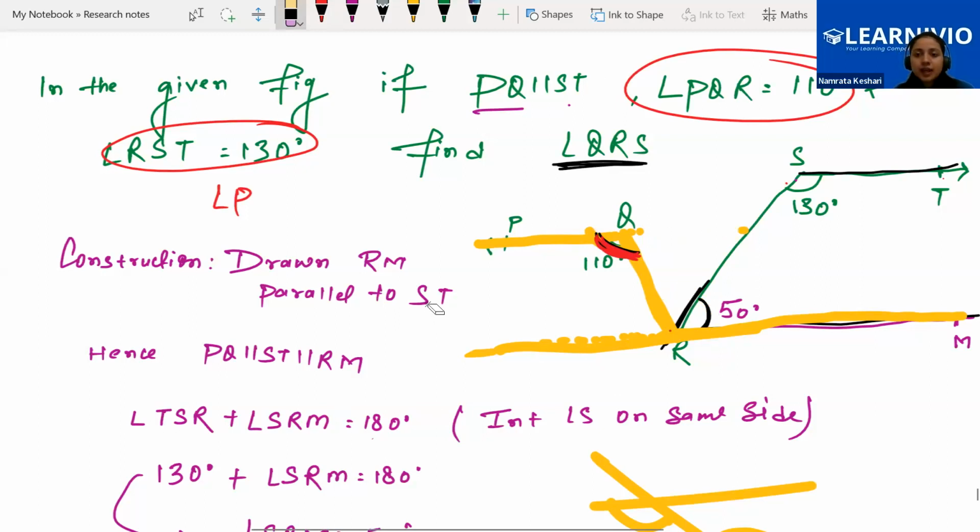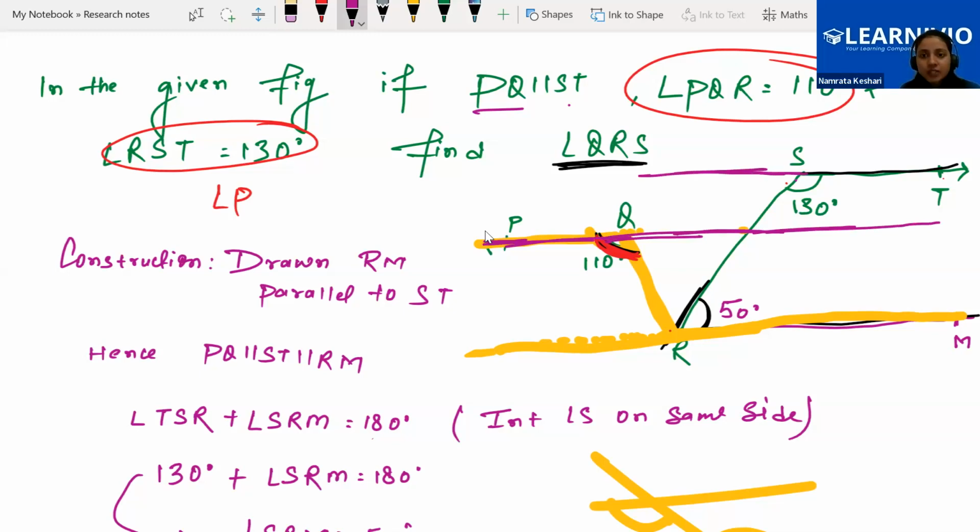Okay, this is how we are having the figure, keeping in mind that PQ and ST are parallel with each other, even if we extend the line. We are extending it so that the parallel lines will make sense. Parallel lines can be here and there, and we can say it's parallel. You can extend it and check everywhere, the distance between the two lines will be the same.